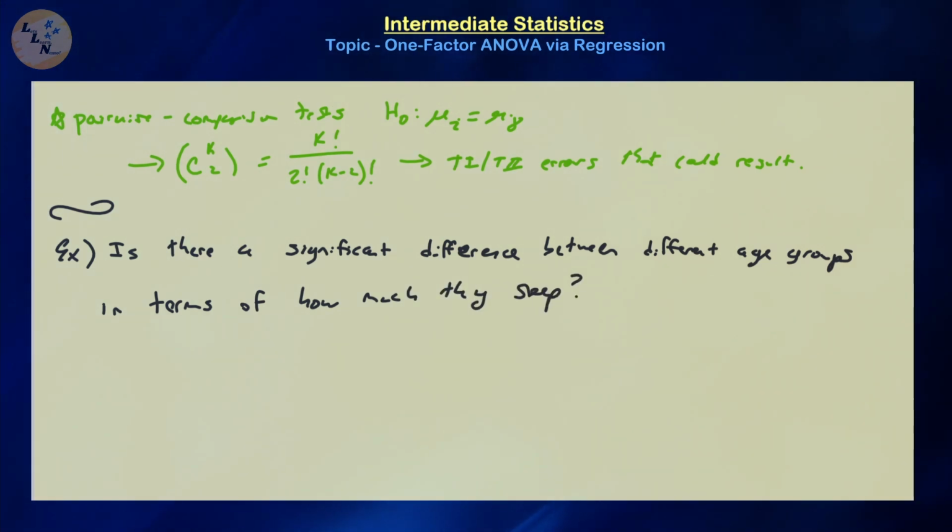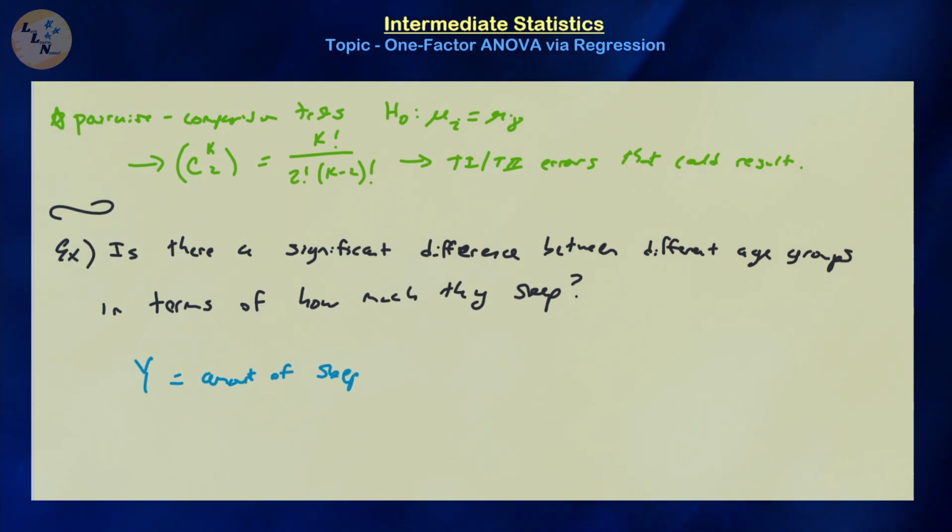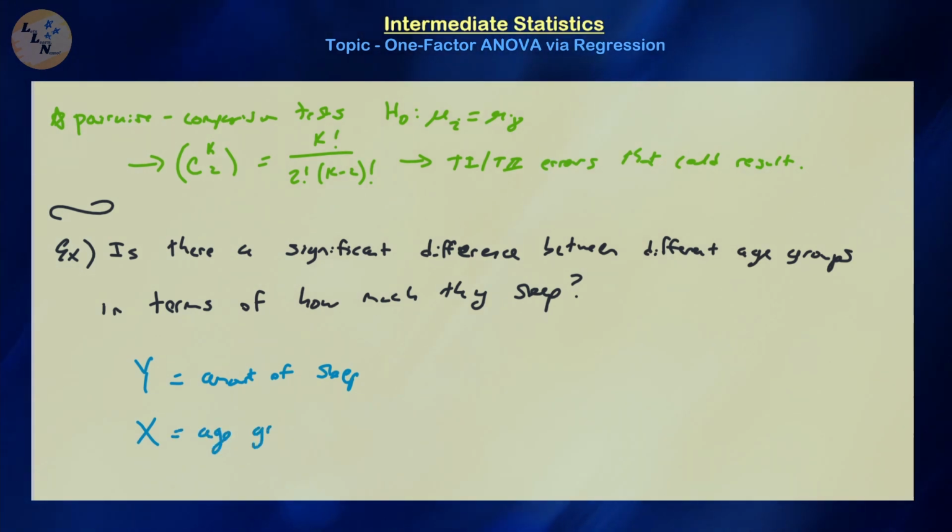All right, so that's the question that we're going to be exploring here. So the variable x that we're going to be looking at, actually let's call it y. So the variable y is going to be equal to the amount of sleep that people get, and then x is going to be, for example, age groups.